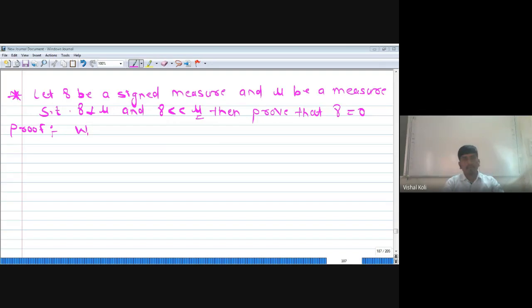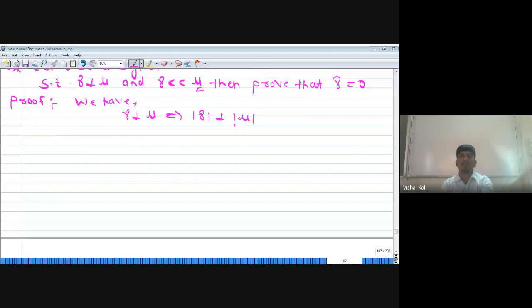We have gamma is mutually singular with measure mu, but as gamma is a signed measure, this will be possible if and only if the total variation of gamma is mutually singular with the total variation of mu. But as mu is a measure, there is no effect of the total variation on mu, since it will always be non-negative.